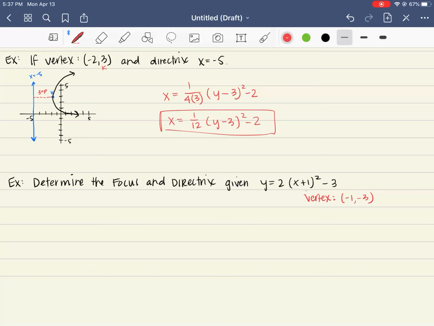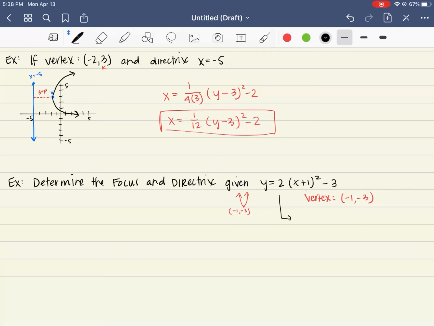Notice this guy's opening, let's look at the front piece right here. He's opening up because the y and the x are in their normal spots, and this is positive. So we know it's going to open up, and the vertex is here at (-1, -3).